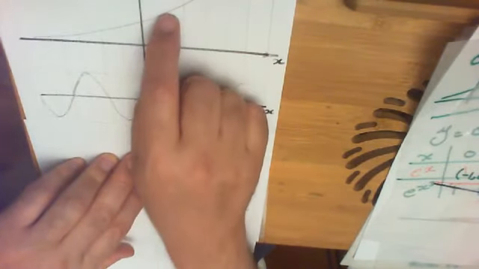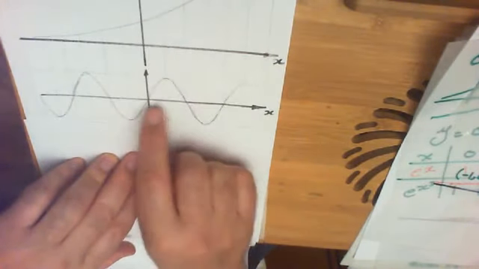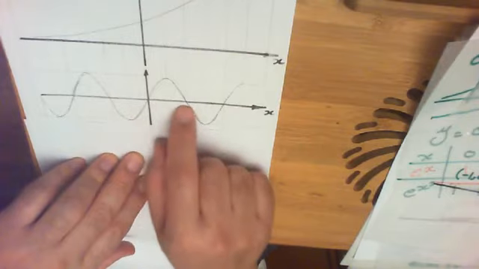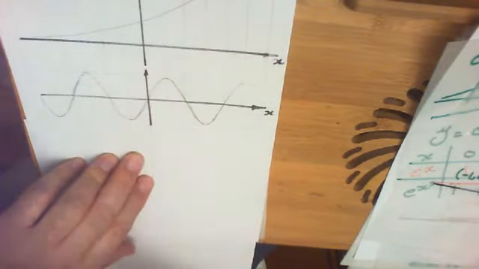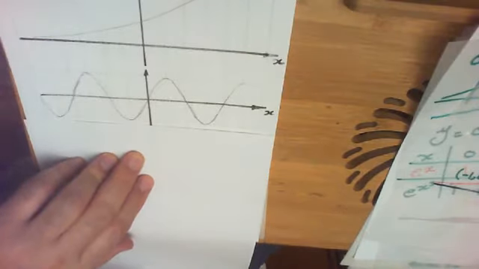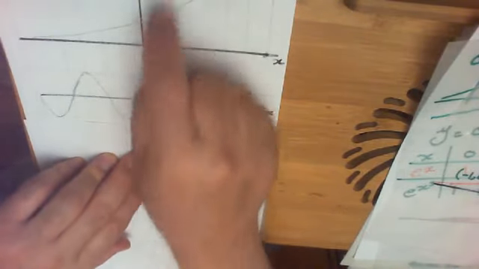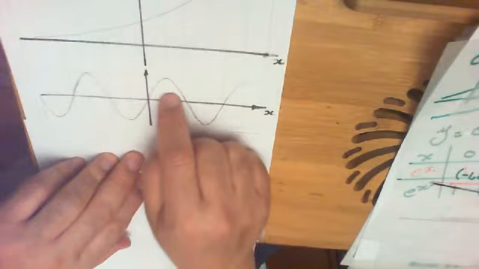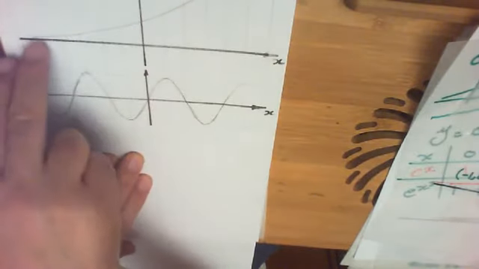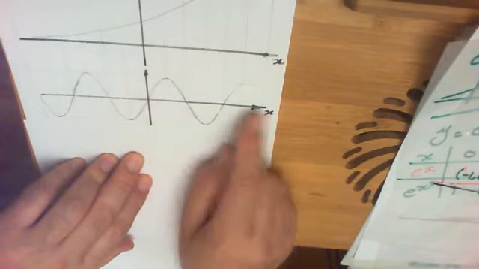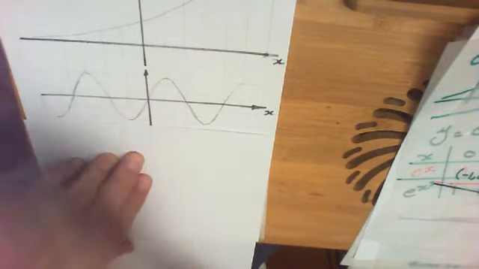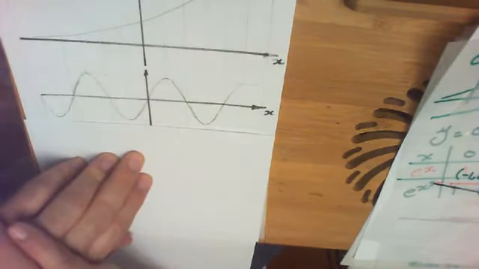When sin is multiplied by e to x, at these points 0, pi, 2 pi, minus pi, the product of these two functions will be 0. So the new function, e to x times sin x, intersects the x-axis at 0, pi, 2 pi, minus pi, or n pi.